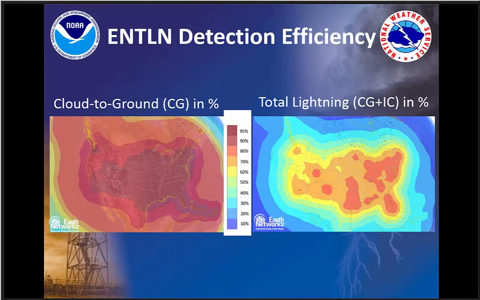So when we talk about lightning networks, one metric is the detection efficiency. And so we have two figures here, one on the left for the cloud-to-ground lightning data from the Earth network.